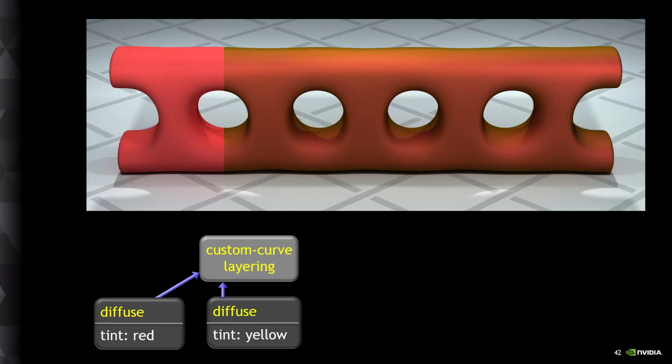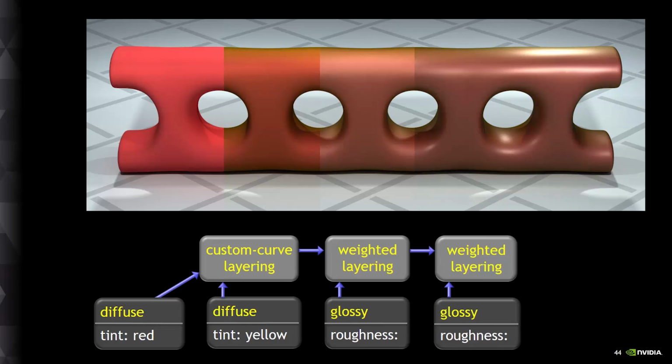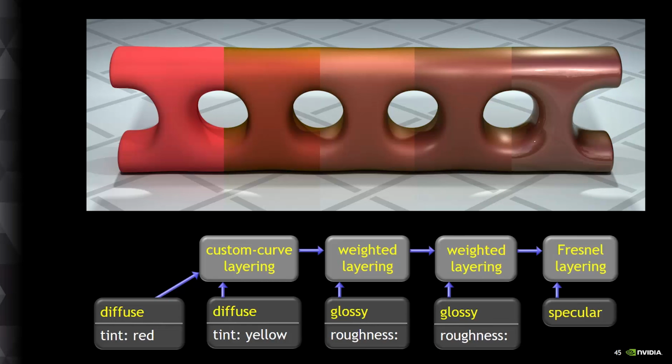We might maybe have some coating on top of it. We could add that with a glossiness. Here, with a glossy layer, the roughness of that one is relatively high, so the highlight is broad and soft. There might be a secondary highlight that's sharper. We can add that too. And last but not least, we could cover that paint with a clear coat and have some really complex material built out of simple building blocks.